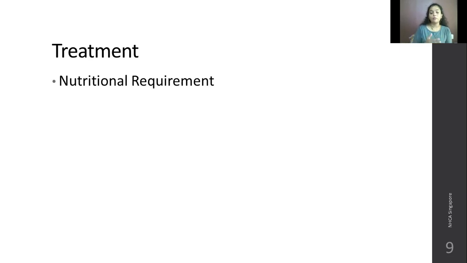These children can also go into that refeeding stage. So to prevent that, gradually over a period of time, additional nutrients are added into their feeds, and their growth is able to catch up with their normal age.